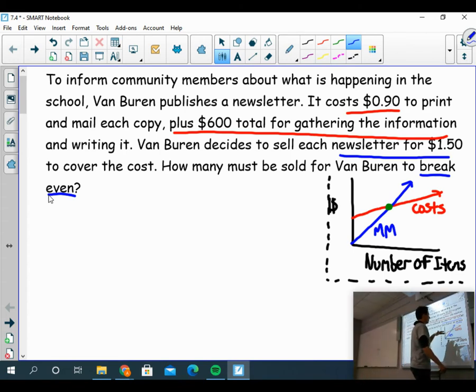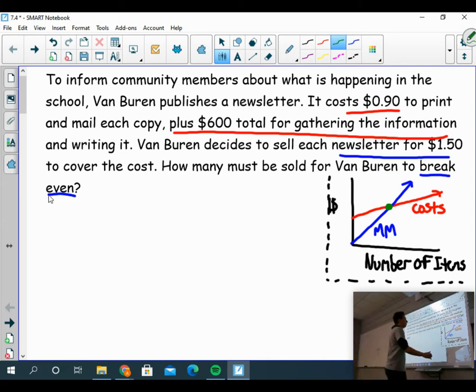So for a period of time, it's going to be below your cost. You're going to be in debt, but eventually, if your business does well, the amount of money you make will eclipse, go above your costs, and that will be your profit. Okay, so there's a little background.